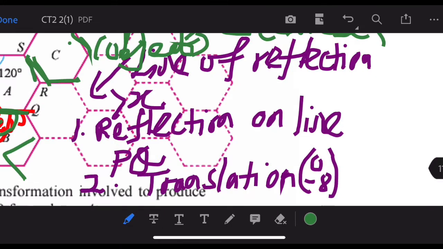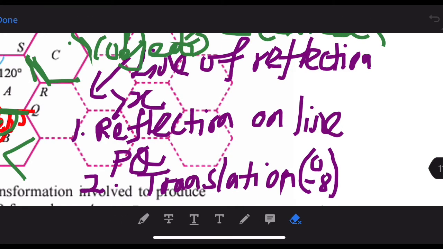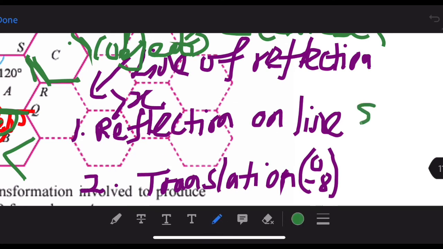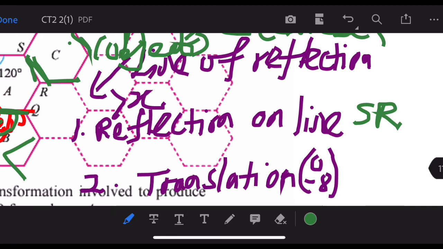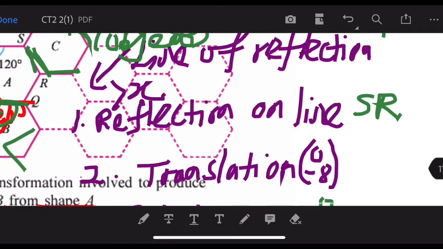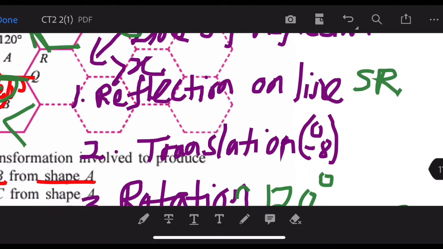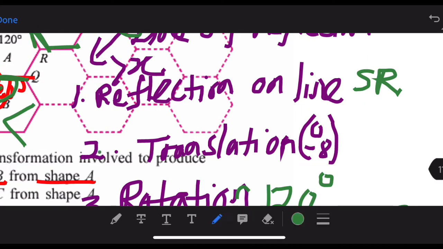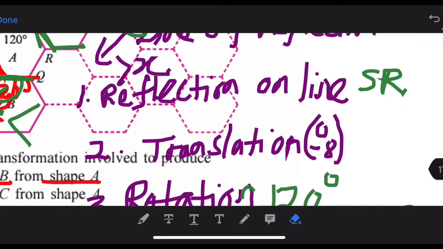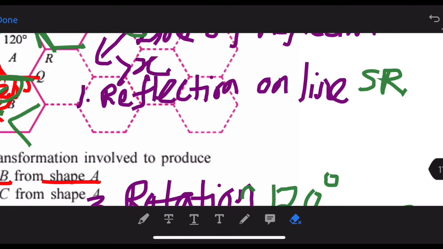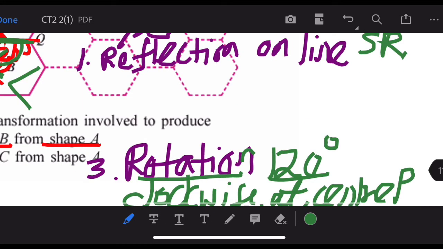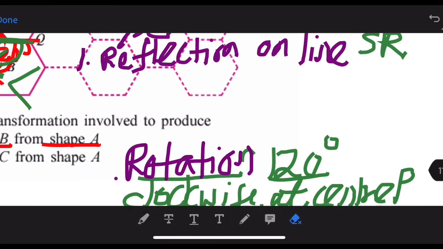And translation, because translation is along the x-axis and y-axis, I don't think we can do translation. So we will do the rotation, right? Rotation we can do.